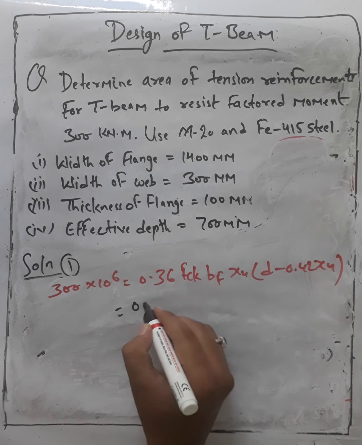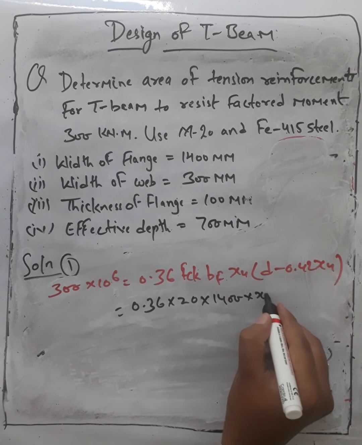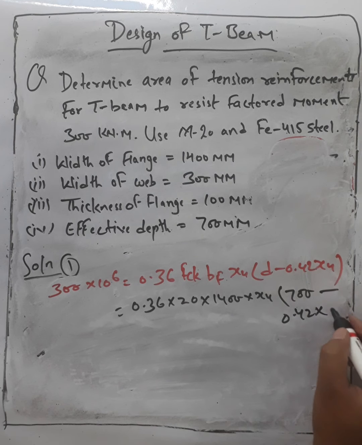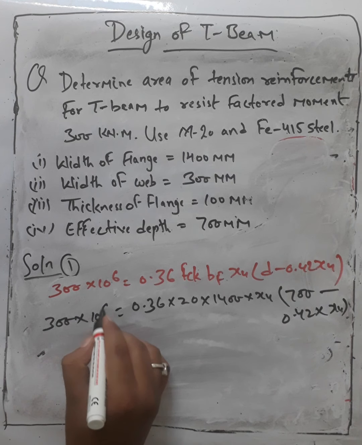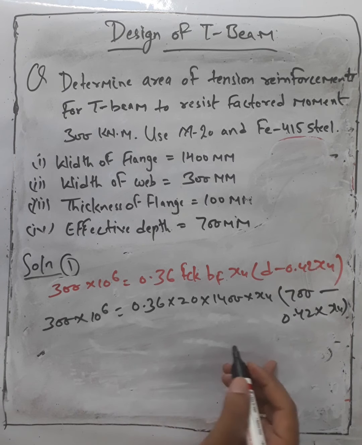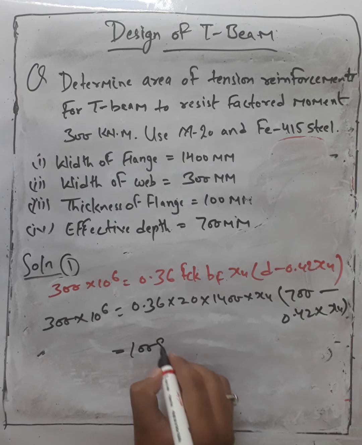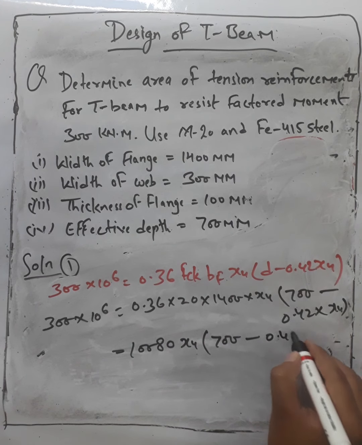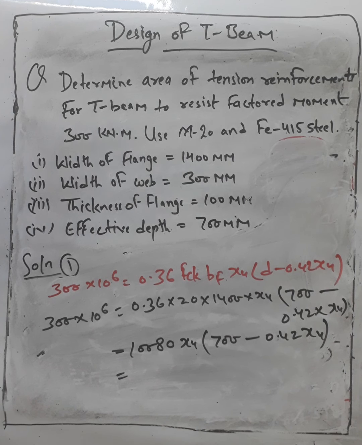So let's put 0.36 into 20 into 1400 into xu, (700 minus 0.42 into xu). Now change this form into a quadratic equation. So here we get the quadratic equation. Now solve this equation.